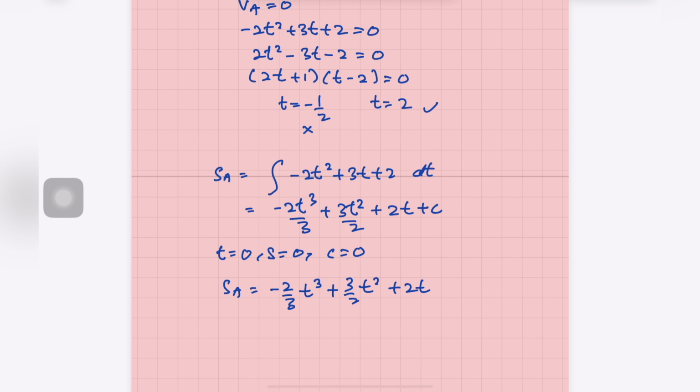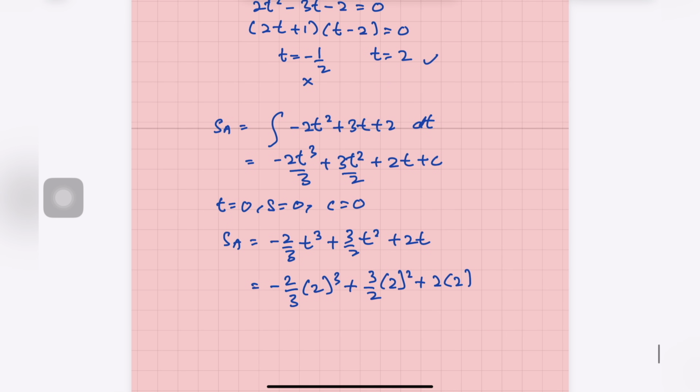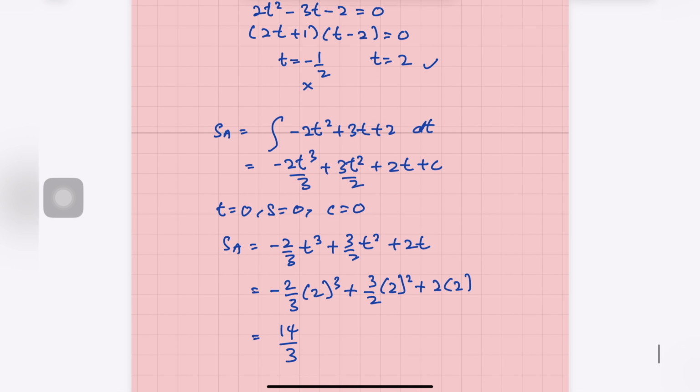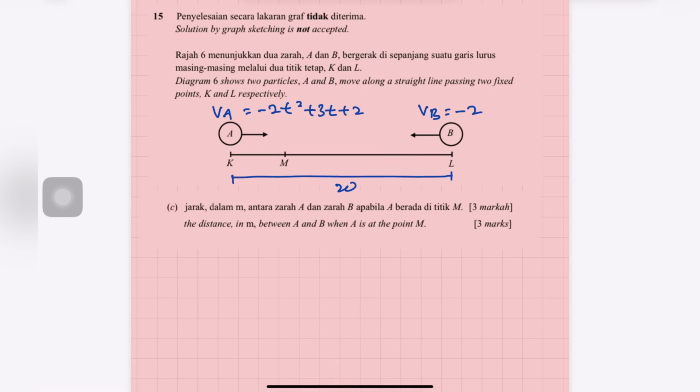Just now we know it stops when t equals 2, so we substitute t equals 2. Calculating, we get 14 over 3. So the displacement is positive, and when it is at M, the distance is 14 over 3.